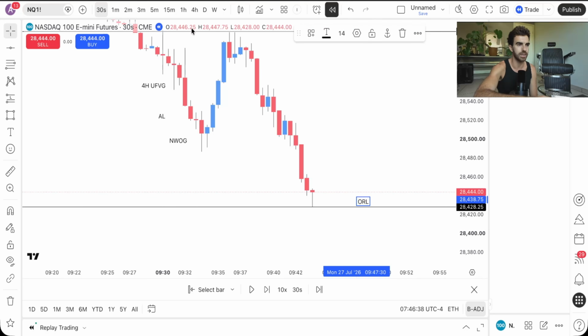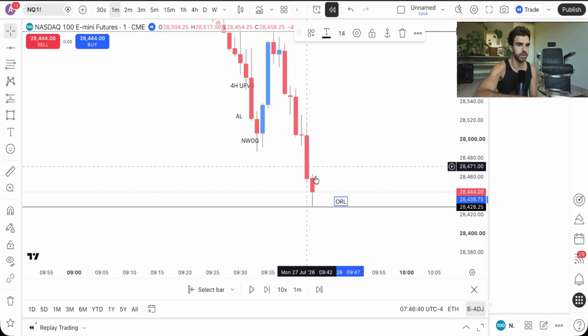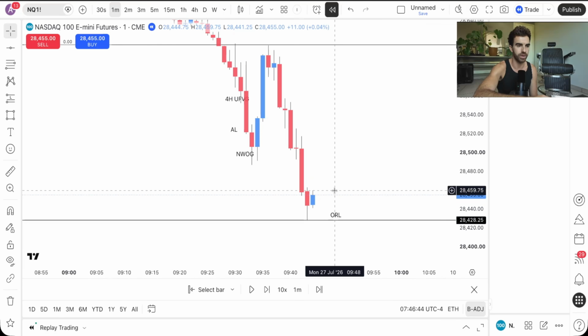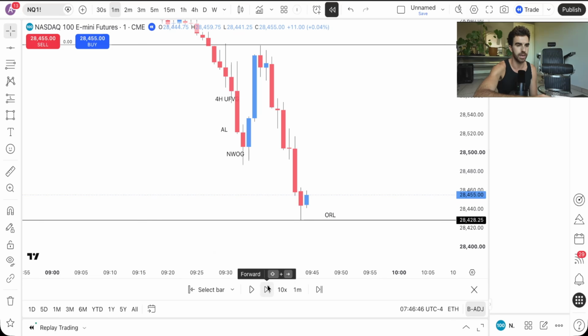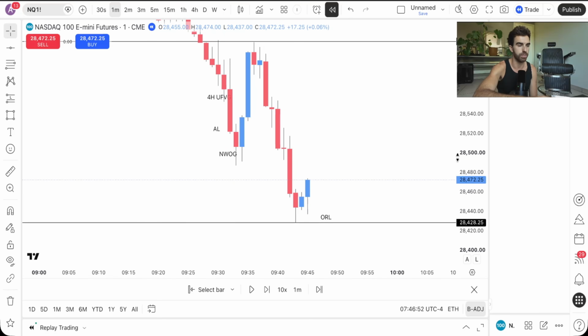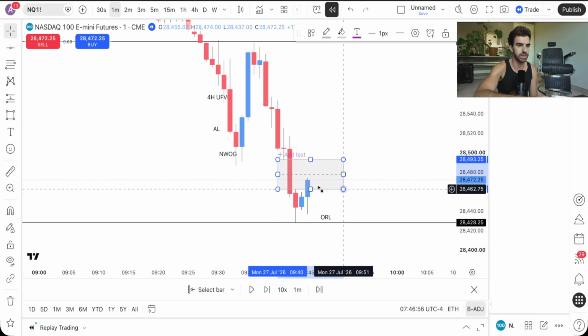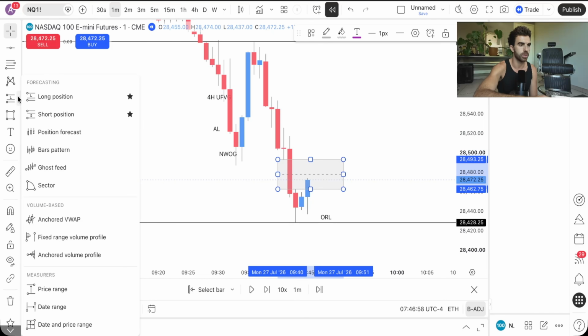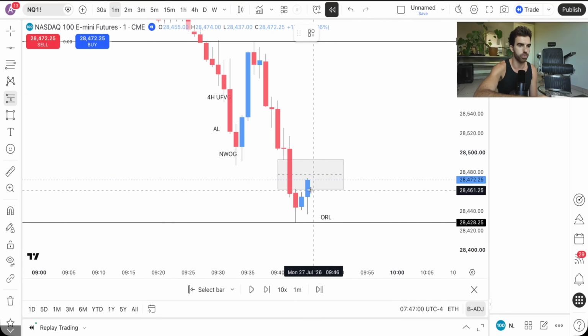So price is setting this opening range low right here. It officially is only set at 9:45, but I found in my data that on trending days with momentum, we can enter before 9:45.